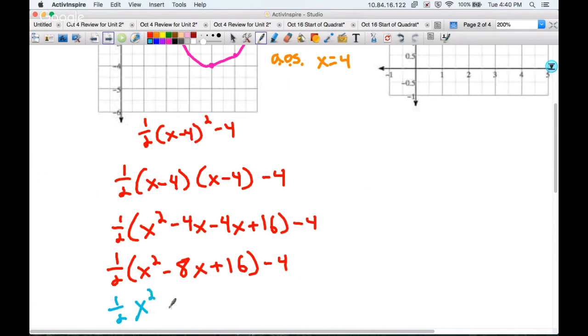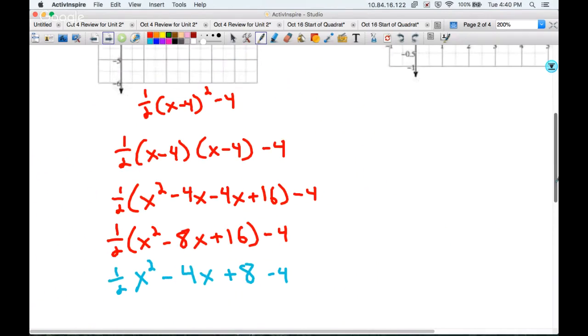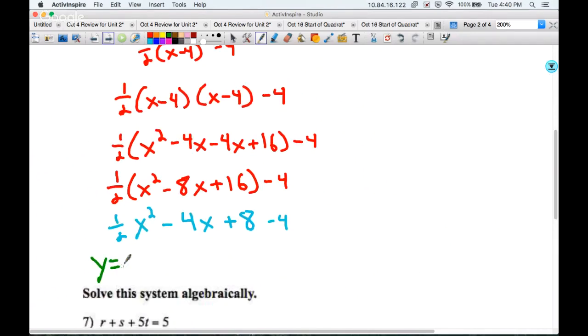One half x squared minus 4x plus 8 minus 4. After I distribute that 1 half, it gives us a final equation of y equals 1 half x squared minus 4x plus 4.